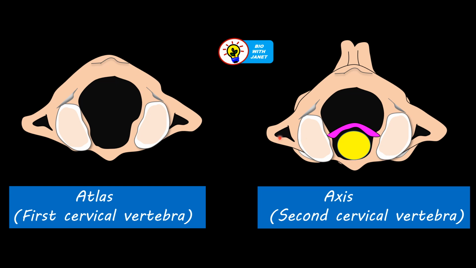Whereas the facets, or articulating surfaces at the top of the atlas, form a joint with the skull to help you to nod your head up and down. So vertical motion of the head, upwards and downwards, as when you say yes to someone.